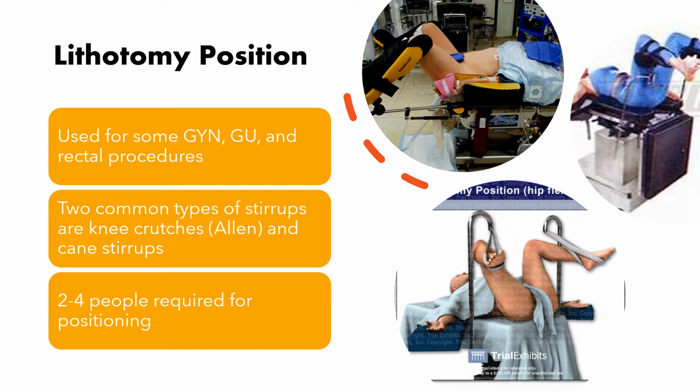Now, at the end of surgery, we need to make sure we know where the fingers are, and then we're going to put the bottom of the bed up, or we're going to reattach the bottom of the bed. We need one person for each leg to bring the patient out of lithotomy.